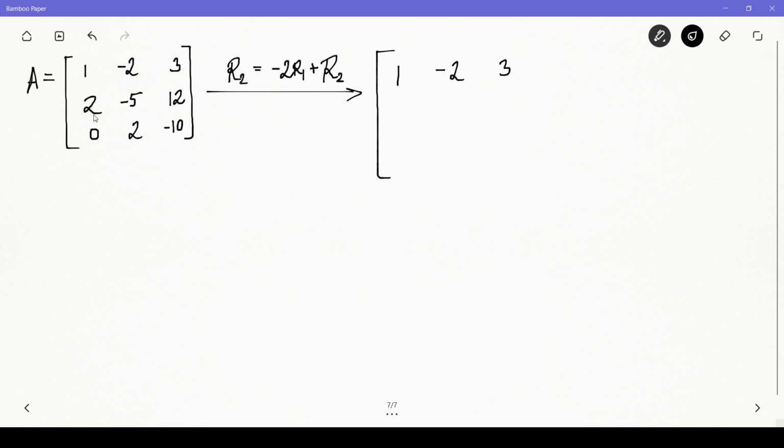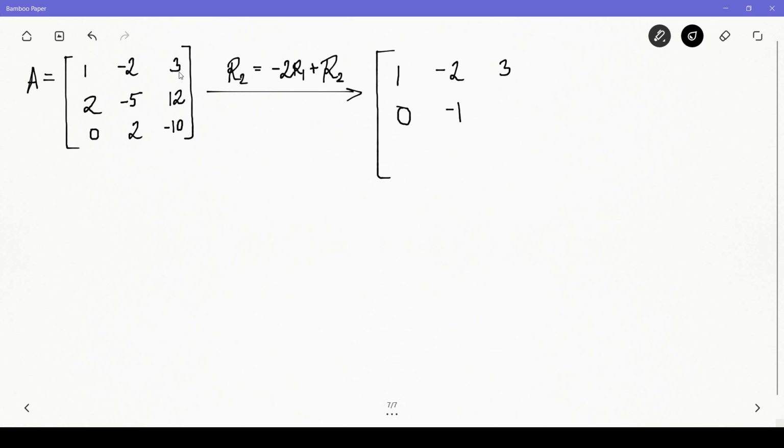So minus 2 plus 2 is 0. Then minus 2 times minus 2 is 4, since minus minus becomes plus. And 4 added with minus 5 is 4 minus 5, which gives me minus 1.